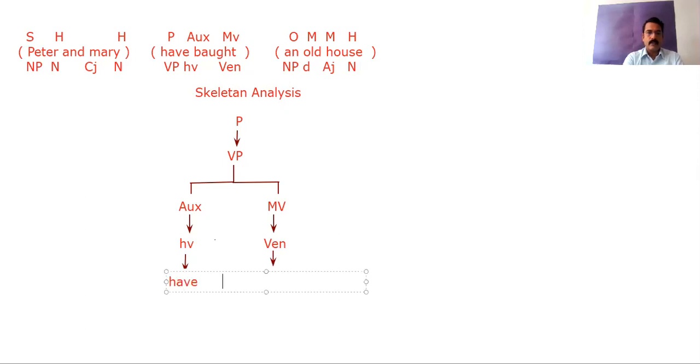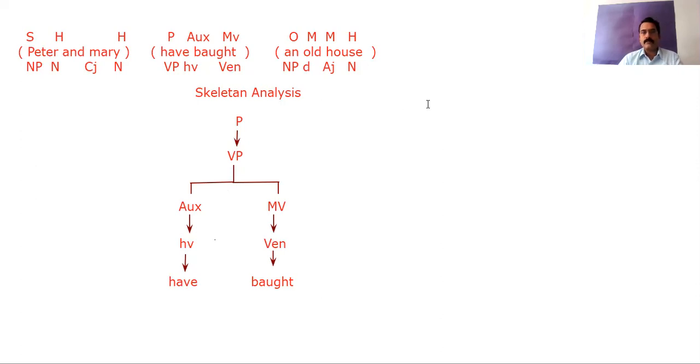Have and bought. Right. So this is the skeleton analysis for verb phrase. Fine. Then let us see this one because it has conjunction also. So how to mark a conjunction in skeleton analysis we'll see.